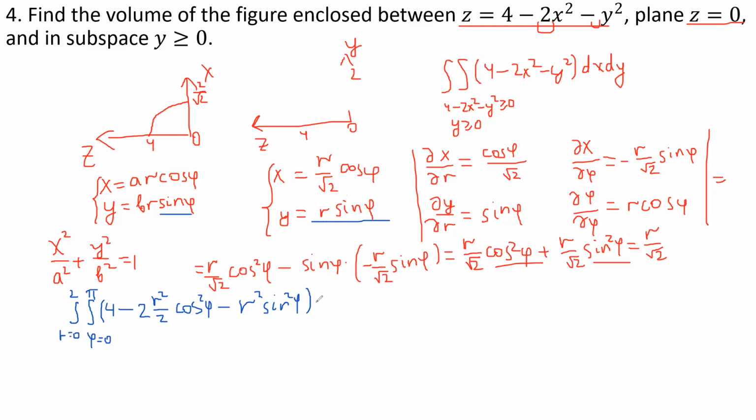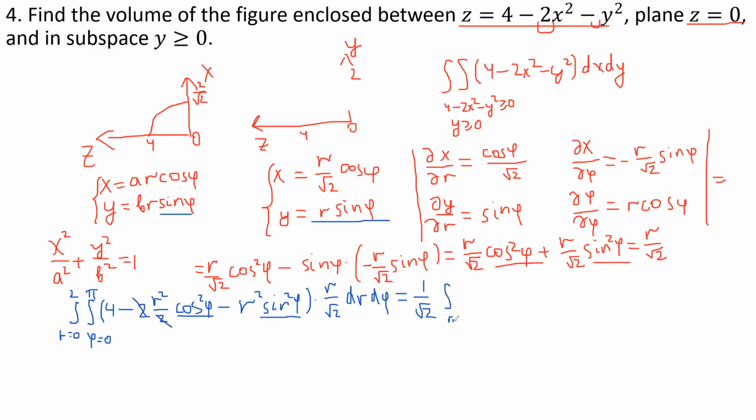Then we need to write the Jacobian, which is r over square root of 2 dr d phi. Now we have something different than we had before. We can get our square root of 2 here. This cancels. Cosine squared phi plus sine squared phi gives us 1 again.